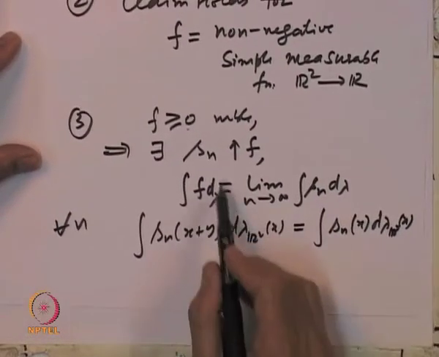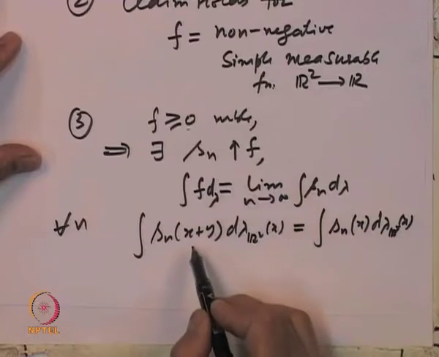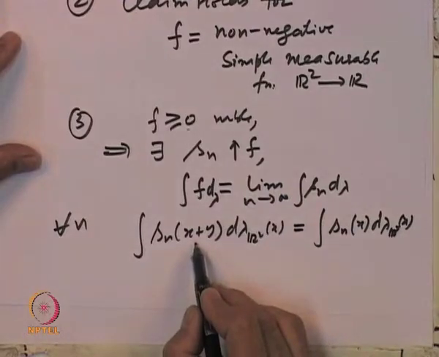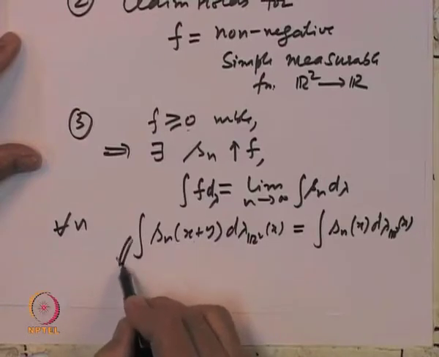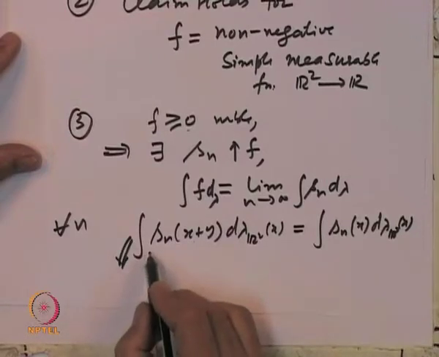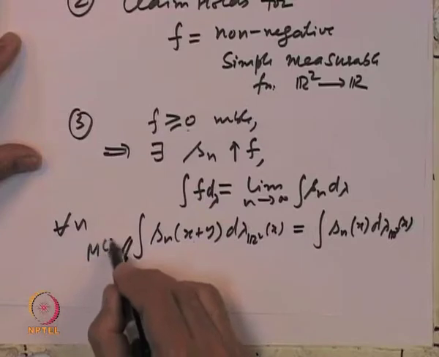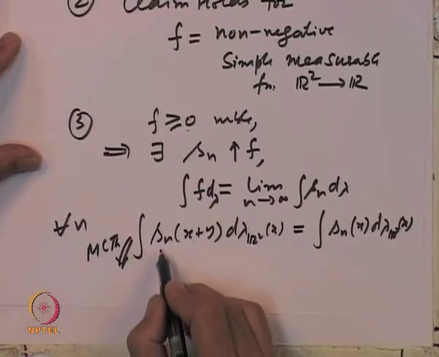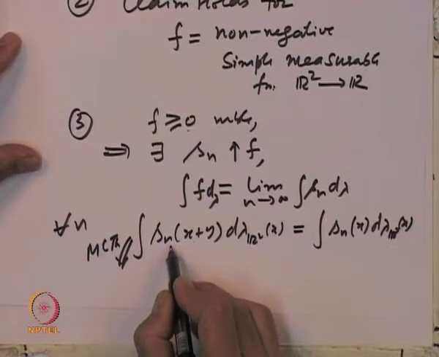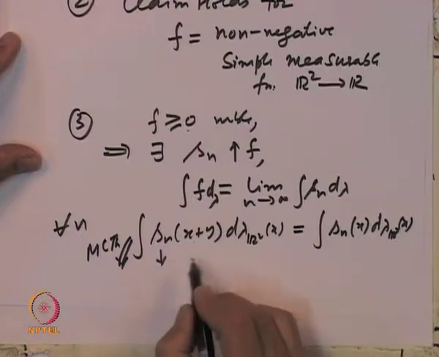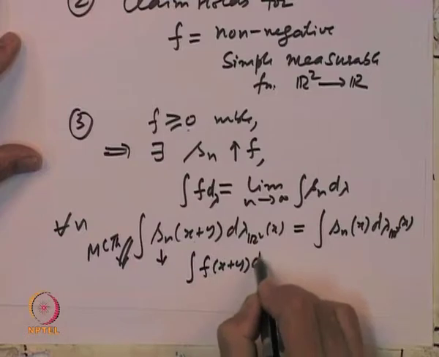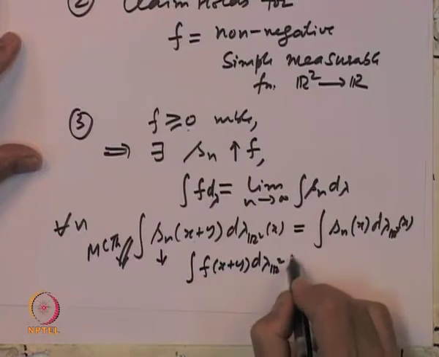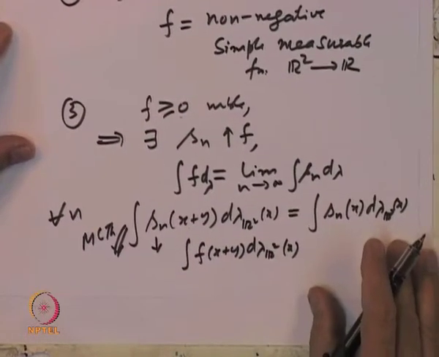Now, as S_n is increasing to f, clearly the translates will increase to the translate of the function f. So, in the limit, by the monotone convergence theorem, as n goes to infinity, this will converge to the integral of f of x plus y d lambda R 2 of x, right.